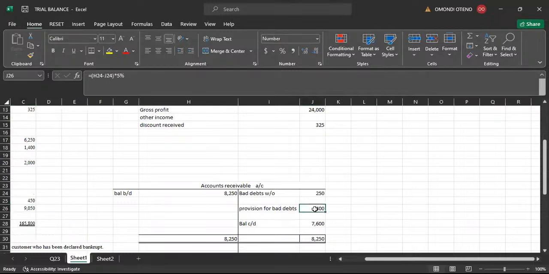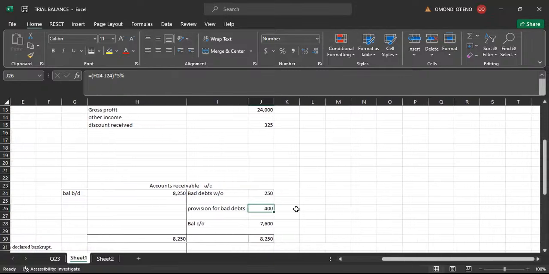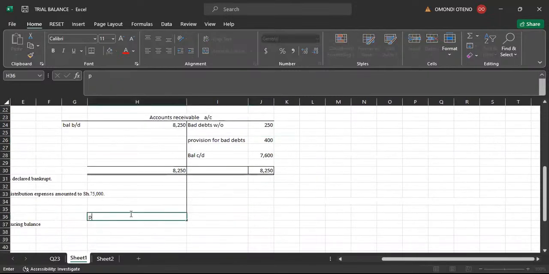So is it an increase or decrease in provision?